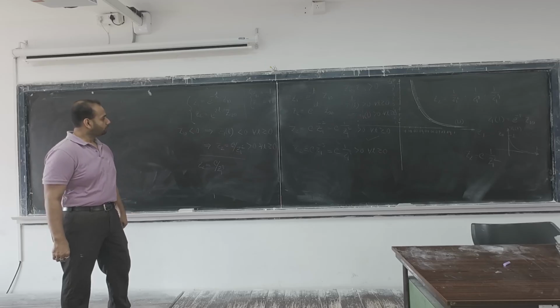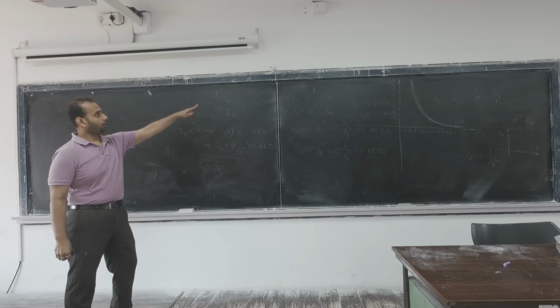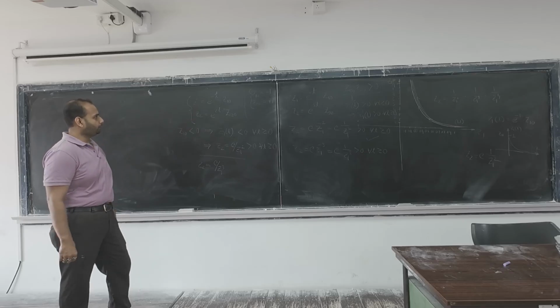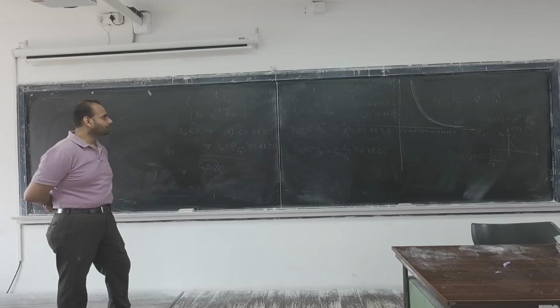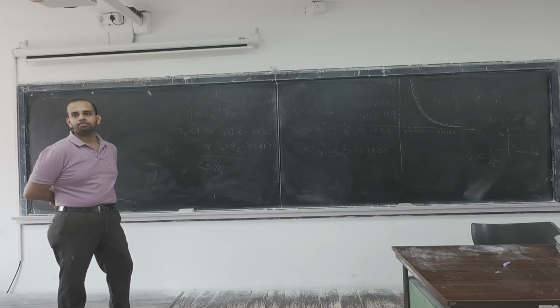If Z2 0 is positive, then for negative, if Z1 0 is negative and Z2 0 is positive, Z2 will always be positive. Exactly. C will become negative. We are using that equation, right? Z2 equals C Z to the power minus 2, the main equation, e to the power twice t Z2 0. If Z2 0 is positive, Z2 will always be greater than 0.